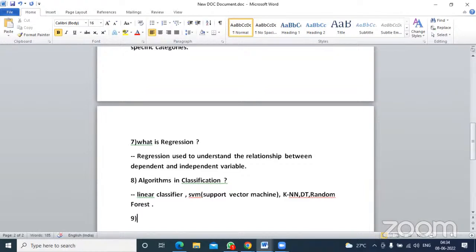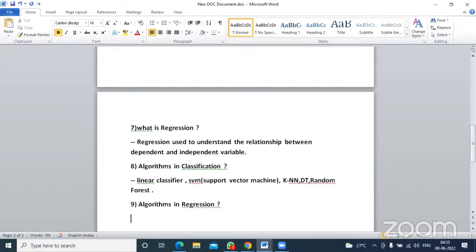Then take the algorithms for regression. What are the algorithms we use in regression?